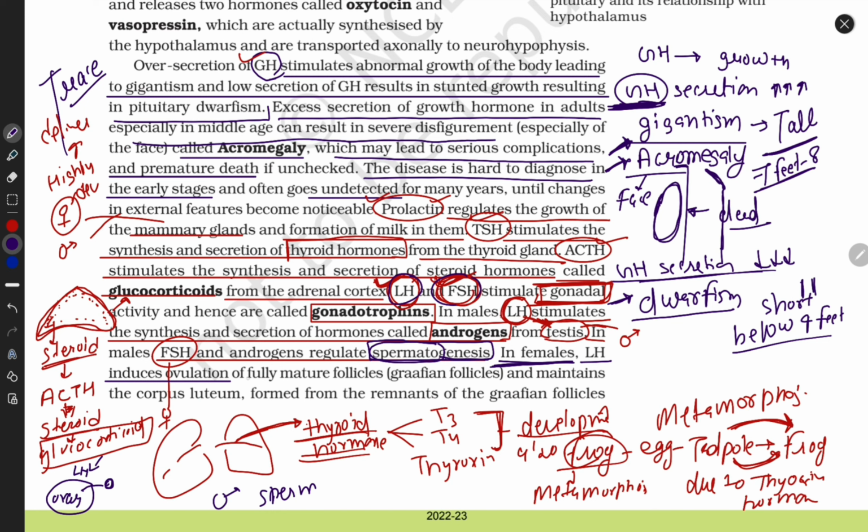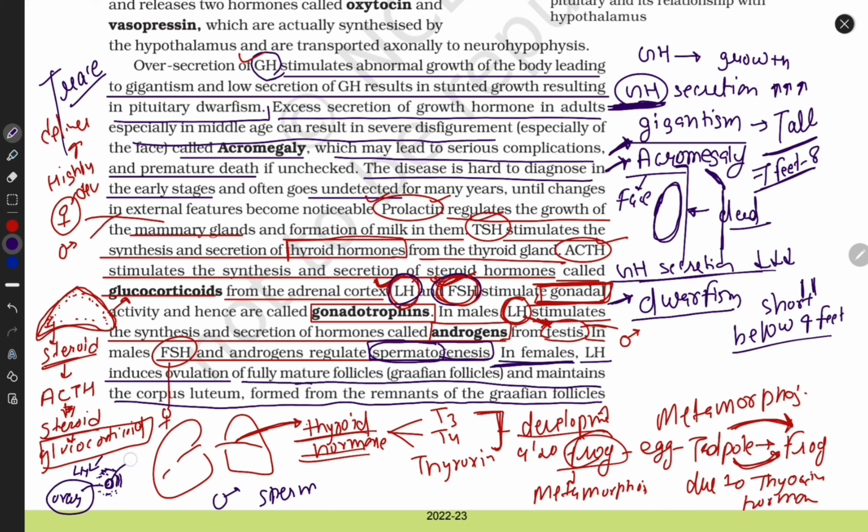Of a fully mature follicle, and LH maintains the corpus luteum formed from the remnants of Graafian follicles, and this egg is covered with lots of follicles.